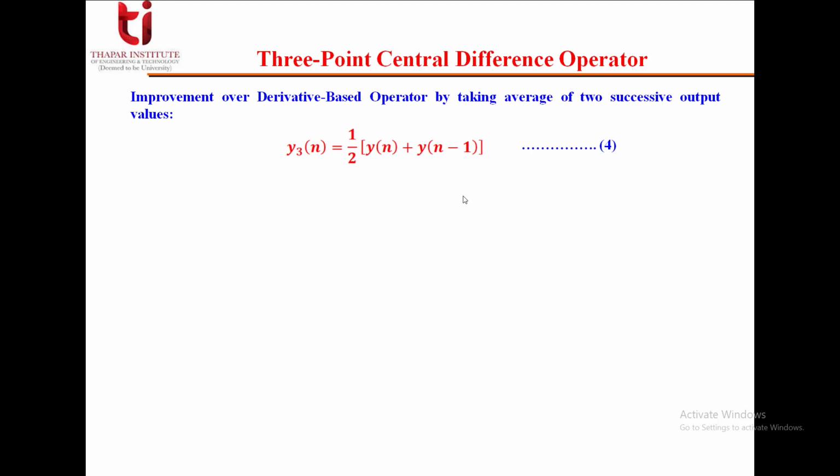So you can see in equation number 4, it is the average of y(n) plus y(n minus 1), that is, the two successive output values. If we write y(n) and y(n minus 1) in terms of input, we finally get equation number 5, that is 1 by 2T, x(n) minus x(n minus 2).